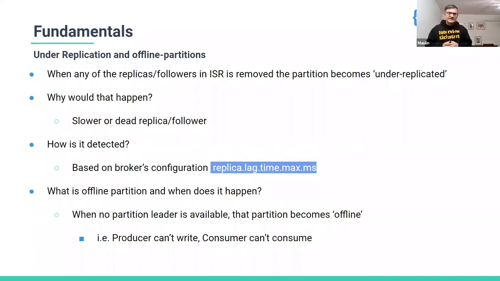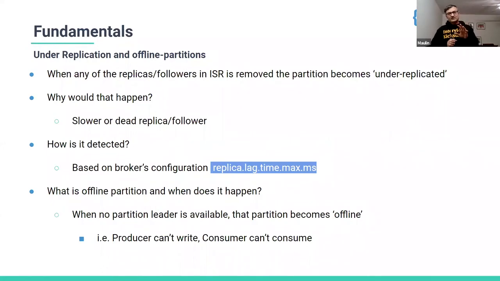But what is important to understand is that in a distributed system, let's say a broker becomes slow, or it crashes for a while before it comes back, then it is going to lag significantly compared to the leader. And that lag makes it ineligible to remain in the ISR set. So instead of 3 brokers in the ISR set, now you are left with 2, let's say. And that condition is basically called under replication of that partition.